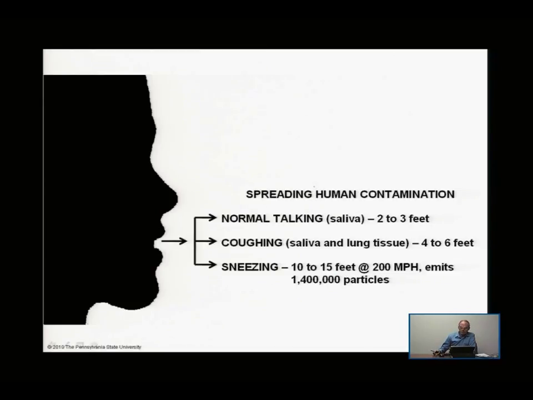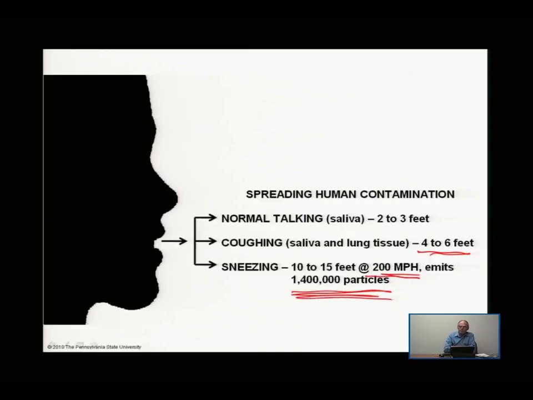A person coughing produces saliva particles and even lung tissue particles, and those can be projected 4 to 6 feet. And a person sneezing, that can result in a projection of 10 to 15 feet at speeds up to 200 miles an hour, and huge particle emissions.